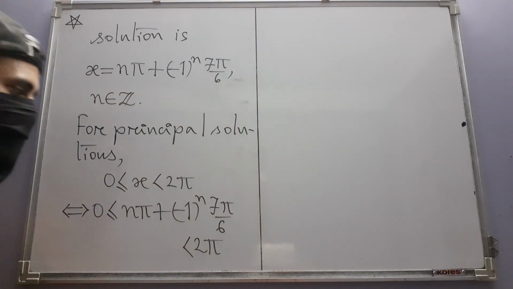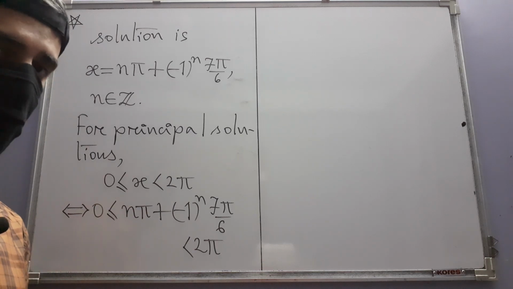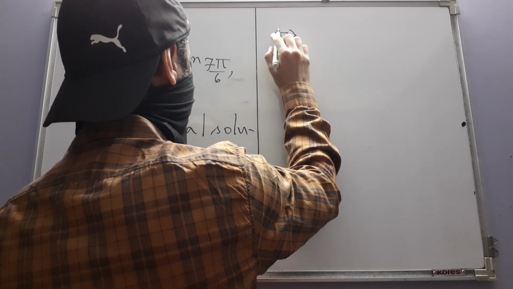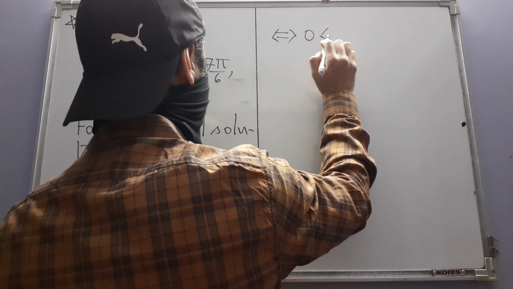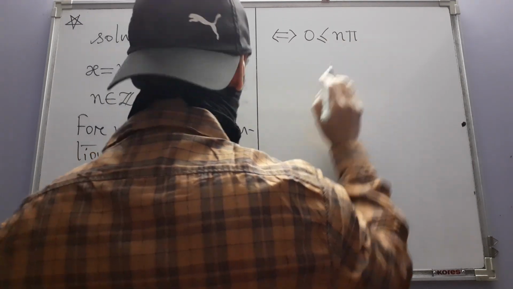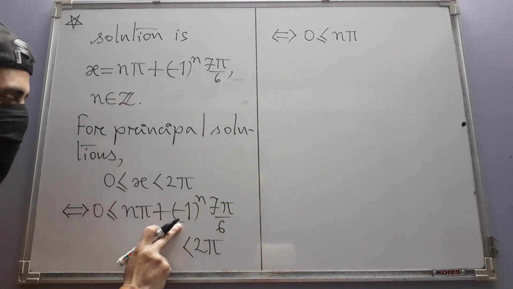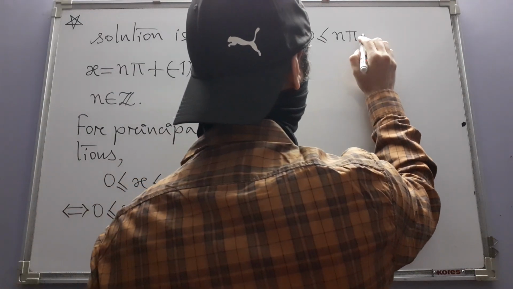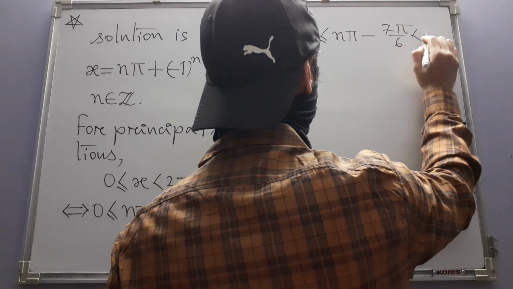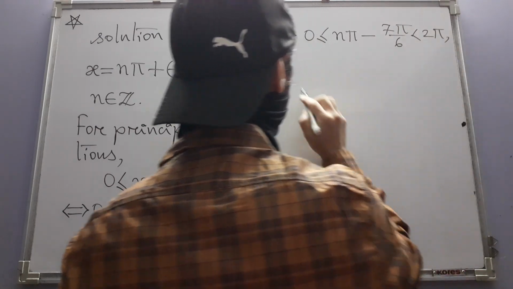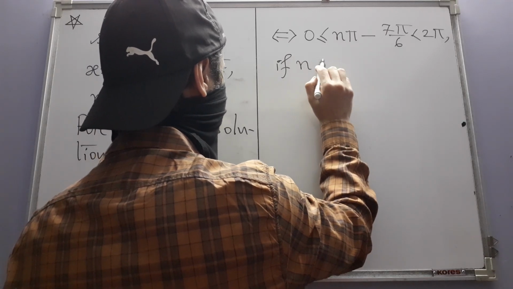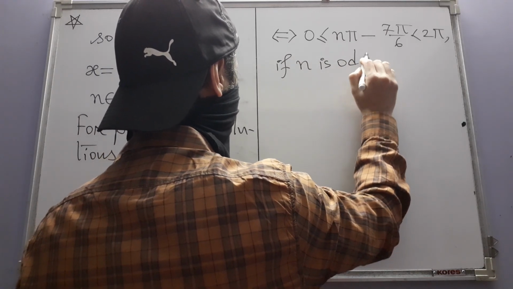Let us first consider the case where n is odd. Zero less than or equal to n pi, of course, is just n pi, but if n is odd, this is minus 1, minus 7 pi over 6 less than 2 pi. With that, you add this condition, if n is odd.